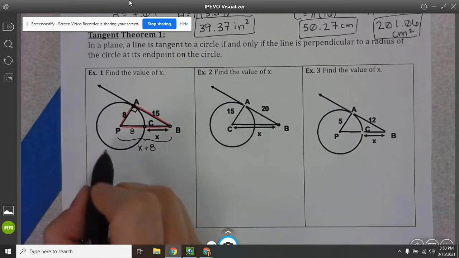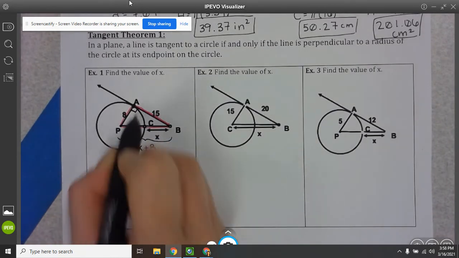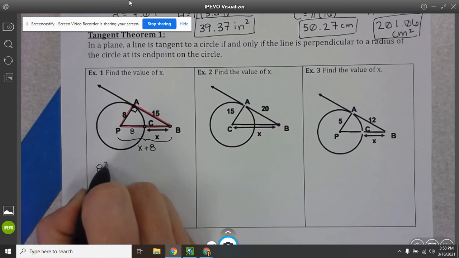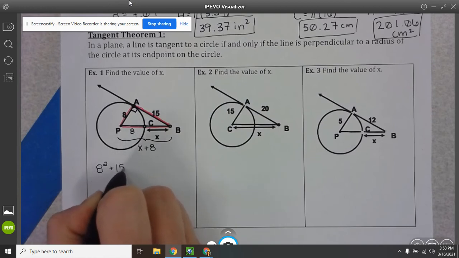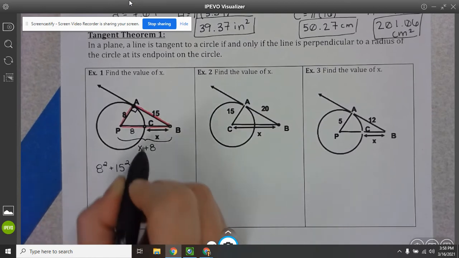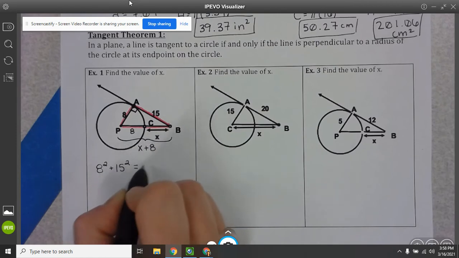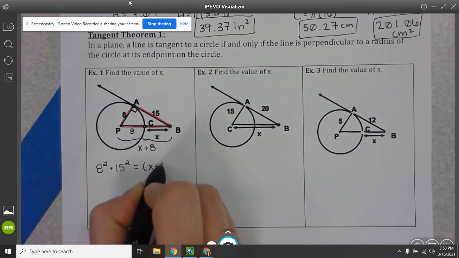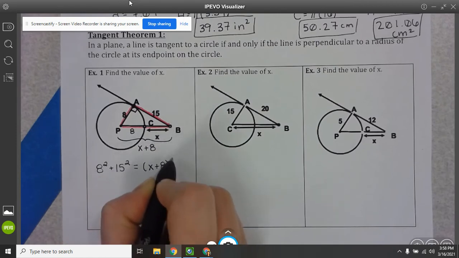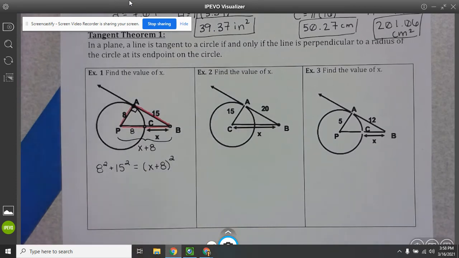So when I do Pythagorean theorem, I'm going to have these two legs. So 8 squared plus 15 squared, and it's going to be equal to the hypotenuse, x plus 8, that whole quantity squared.